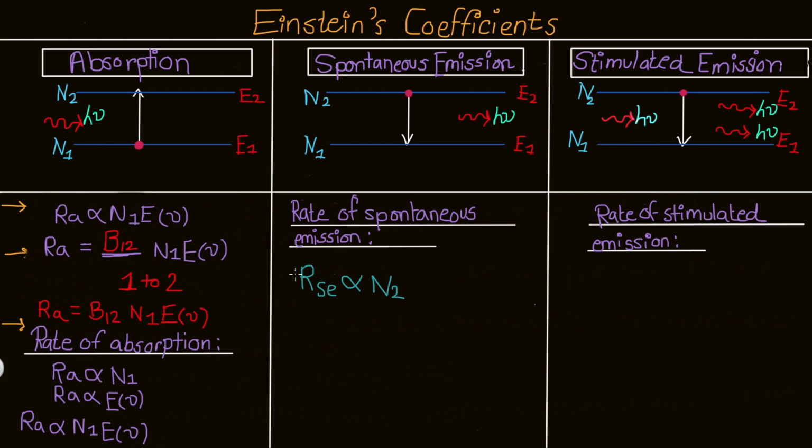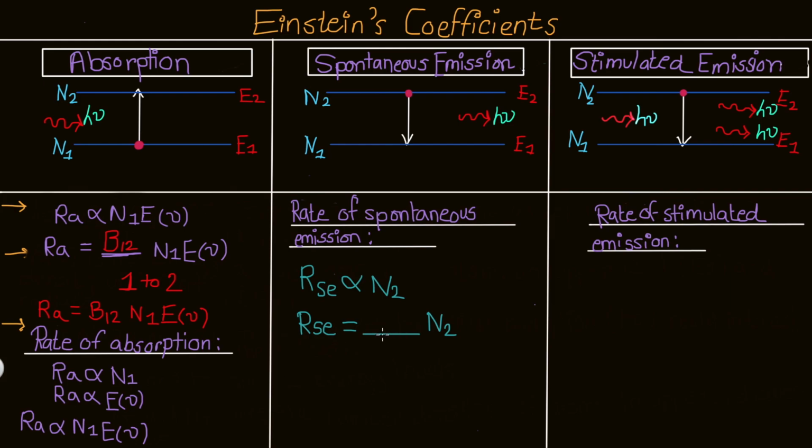So the rate at which this spontaneous emission occurs is directly proportional to N2, the number density of the upper level. Again, this is a directly proportional sign. If we were to change it to equal, we would need a constant of proportionality.